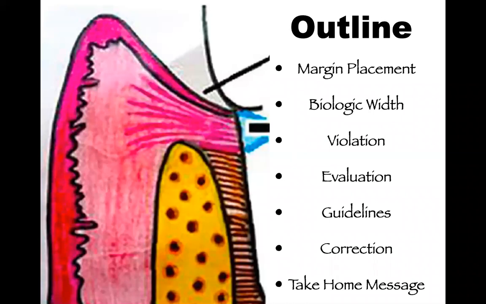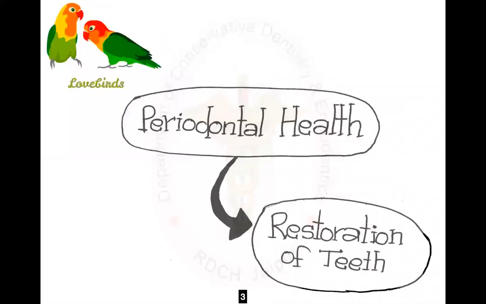Because it is the endodontist's or the operative person's duty to evaluate the case thoroughly before you even plan on going for a root canal therapy. If you do not evaluate the tooth on the whole, if you do not look into the biological consideration of the tooth, there is no point doing a good root canal therapy when eventually the tooth cannot even receive a crown. I hope I'm making sense about the topic that I'm trying to discuss today.